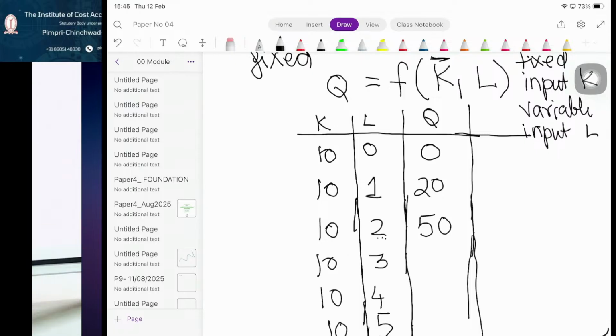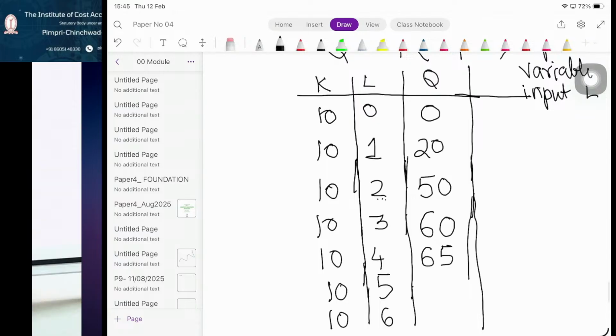And the third unit, when I'm adding, I'm getting an output of around 60 units. Fourth unit, when I add, I'm getting an output of 65, and let us say the fifth unit gives me an output of 68 and 69. Okay, these are hypothetical numbers. You can take some other numbers also, no problem. Okay, fine. Have you got a table?